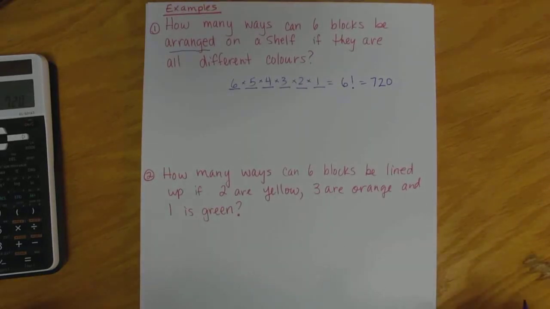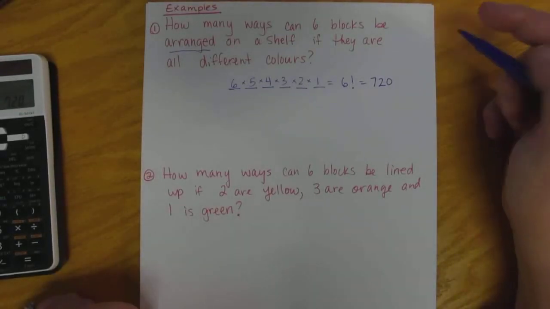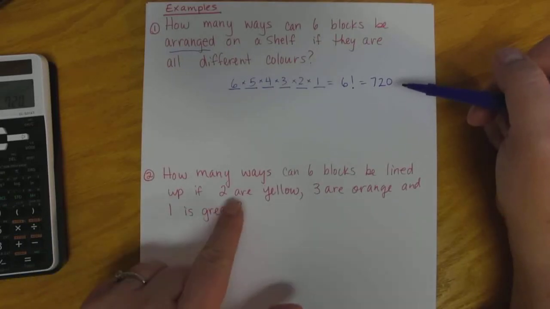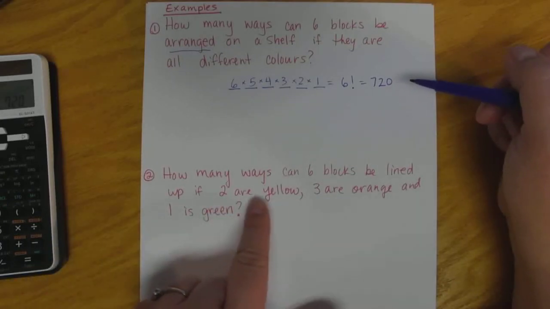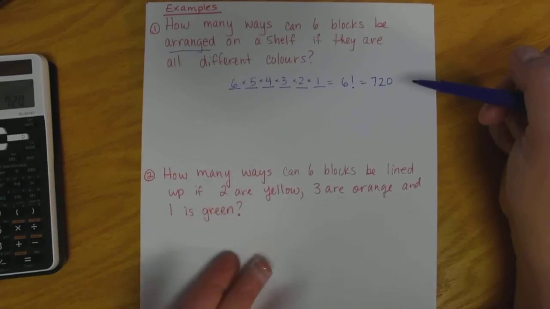Okay, question 2 says, how many ways can 6 blocks be lined up if 2 are yellow, 3 are orange, and 1 is green? So here, there's no longer 720 if you can't tell the difference between these. If 2 are yellow, you put a yellow and then a yellow block, or switch those around.